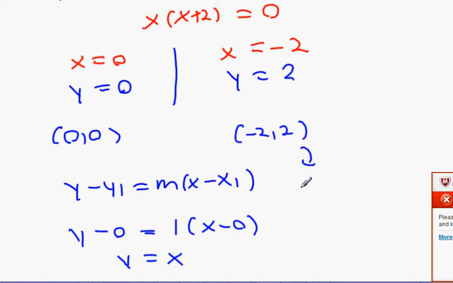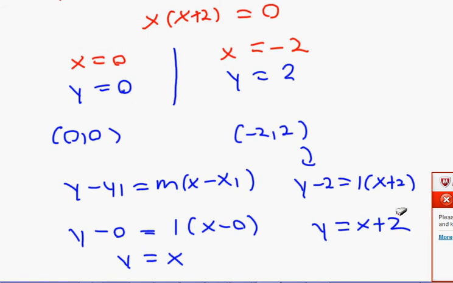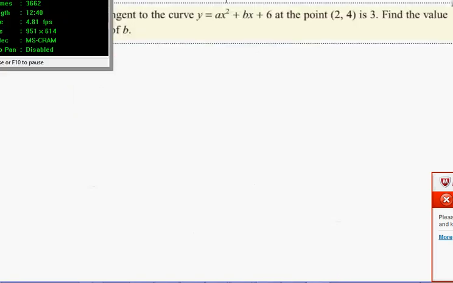The next one is going to be y minus 2 equals 1 into x plus 2. That's going to be y equals x plus 2. This is actually x plus 4, because that minus 2 goes over the other side to become a plus 2. So x plus 4. Okay.